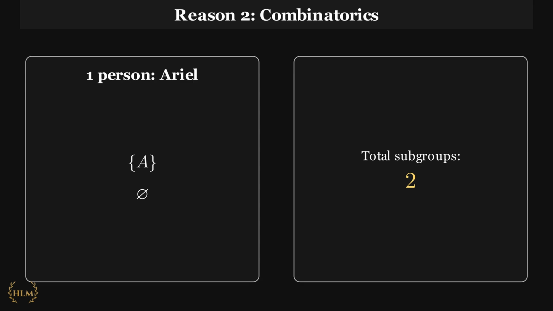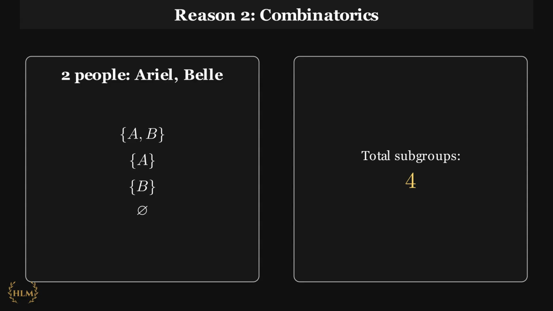Then the number of groups you can make with that one person is Ariel in that group, and also one more, the empty group, no one in it. So those are groups or subgroups. And the number of subgroups we got was 2, because 1 with Ariel in it, and 1 with no one in it, known as the empty set. So then we get 2 subgroups in total.